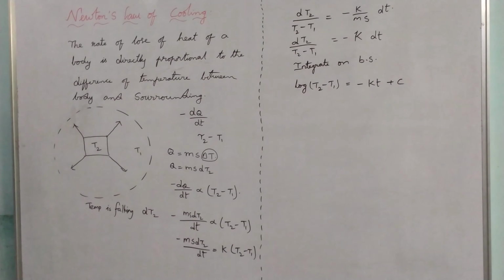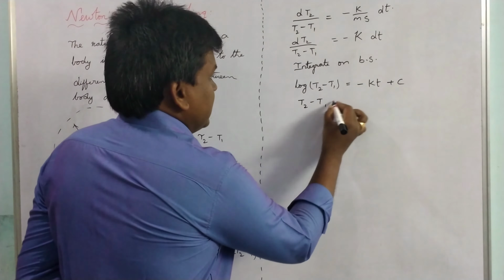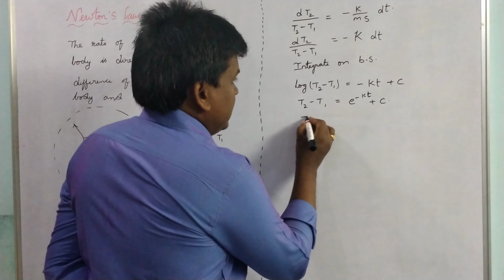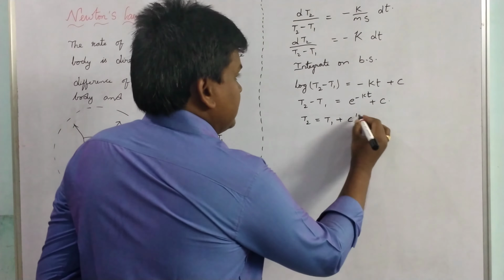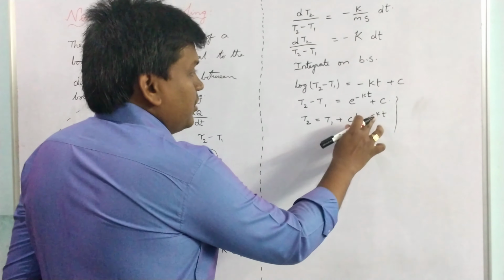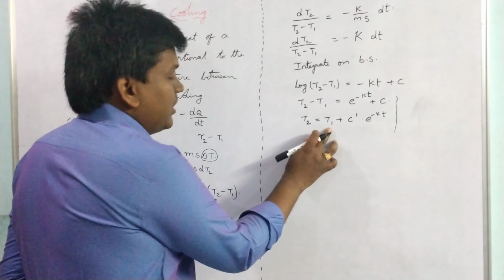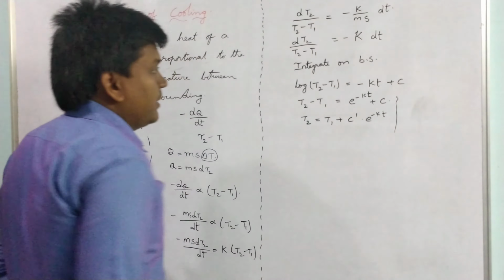Now this can be written as T2 minus T1 is equal to e to the power of minus Kt plus C, or T2 is equal to T1 plus C dash into e to the power of minus Kt. This is the relation between T2 and T1. So by knowing the constants and T1, we can find T2.